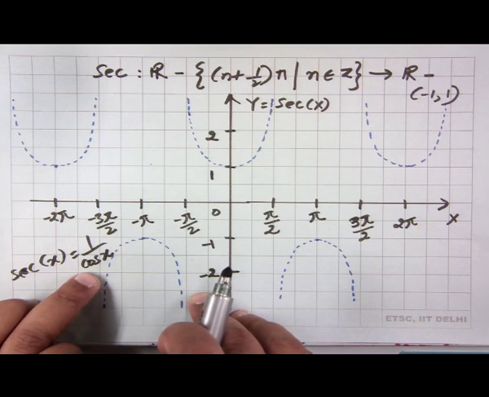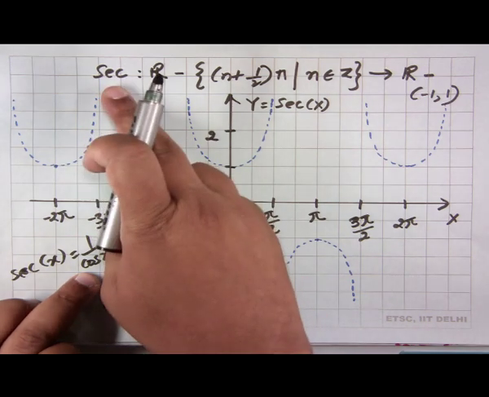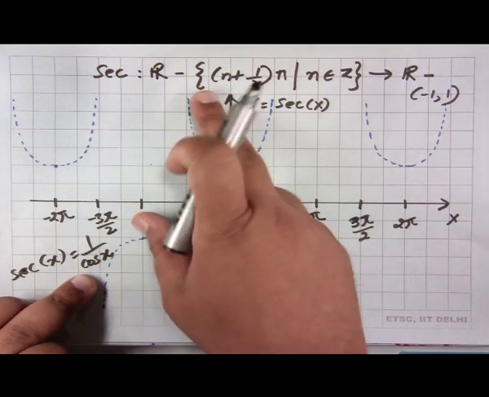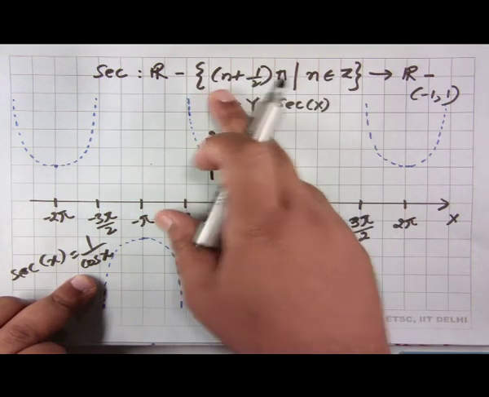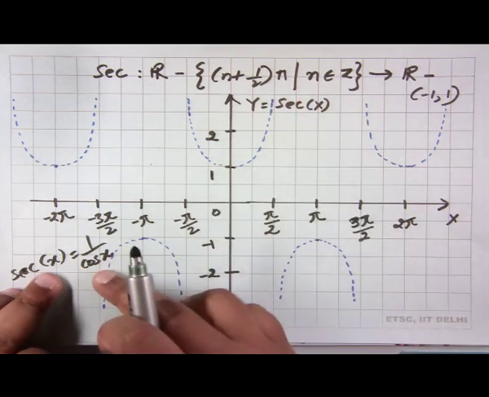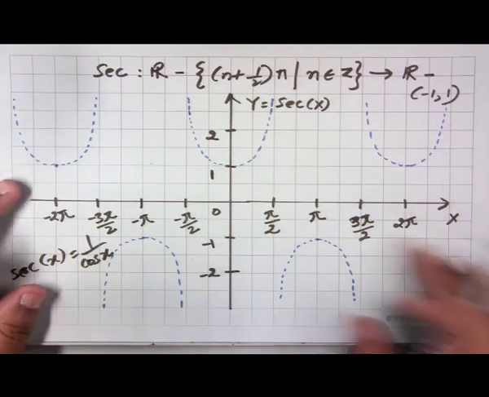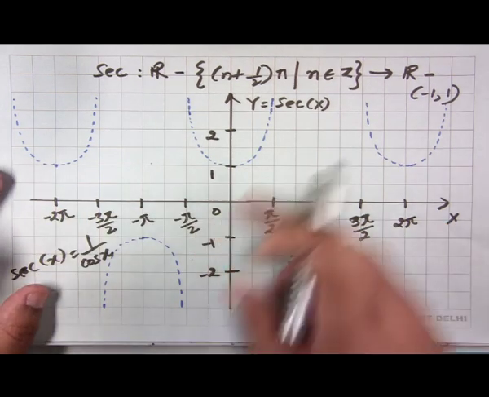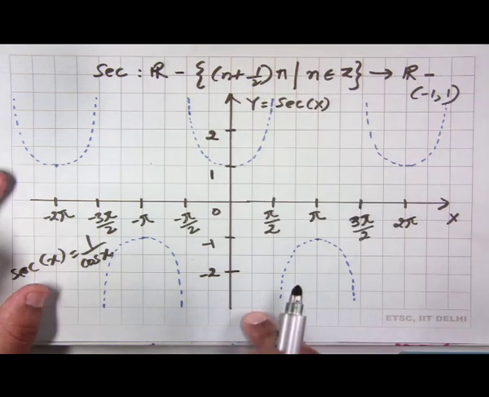Therefore, the domain of the secant function is the set of all real numbers except odd multiples of π/2, because at odd multiples of π/2 secant of x is not well defined, as can also be seen from this graph, where we have x on the horizontal axis and secant of x on the vertical axis.